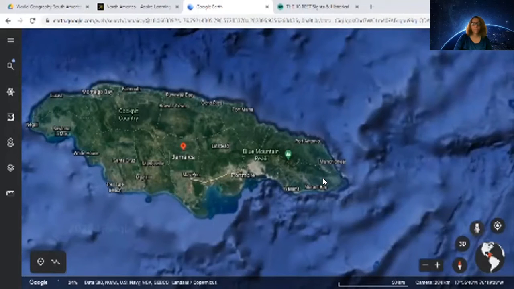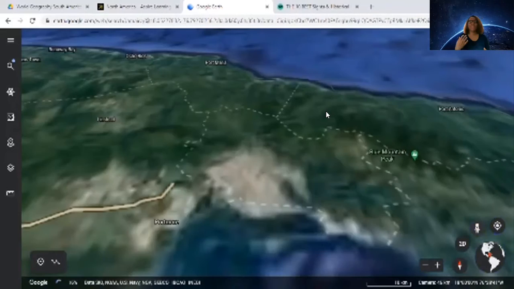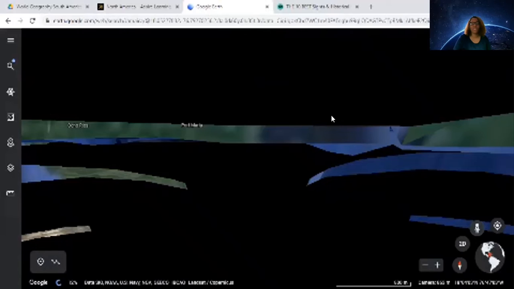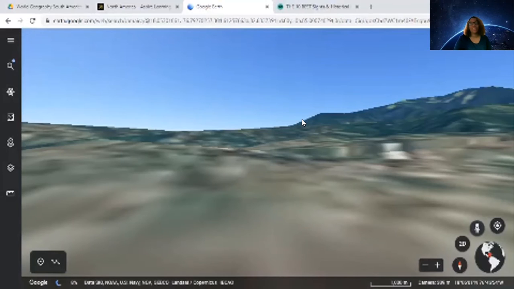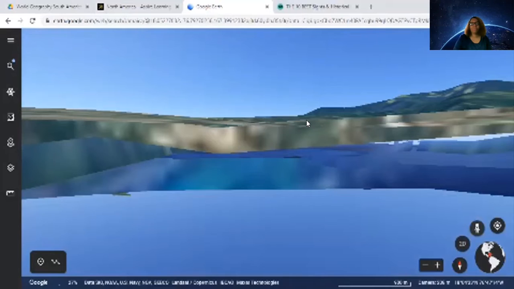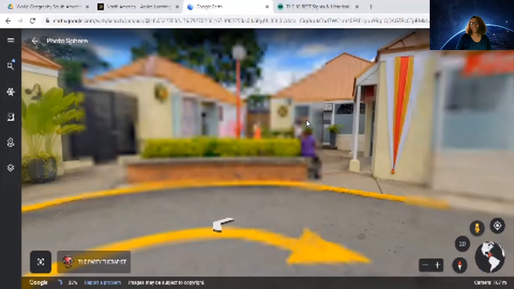But when you go on there, you start clicking around, dragging around, and it's really nice because you can now visually see the place without actually going there. That's really cool, because it's impossible in this lifetime to visit every single country. Well, it's virtually impossible, right?